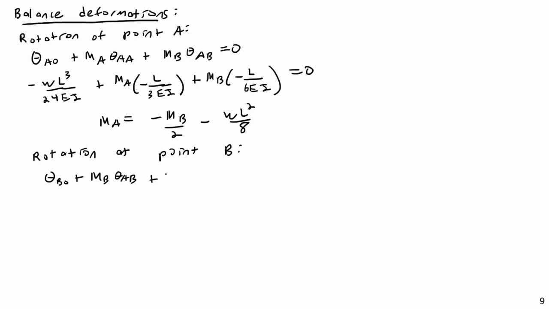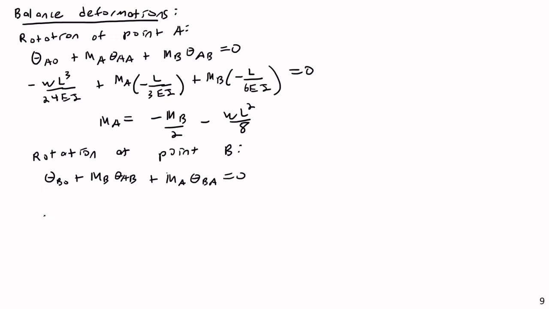Plus MA times theta BA, the rotation at B caused by the moment A. All this is equal to 0. Then plugging in known quantities, let's put in our quantities for the thetas, both real and the units.